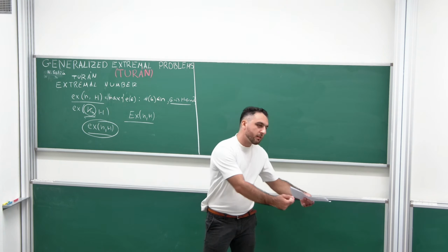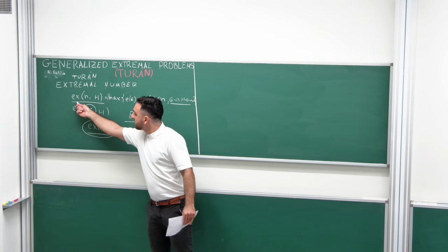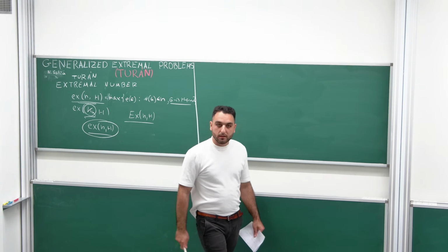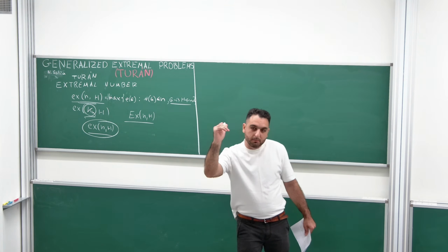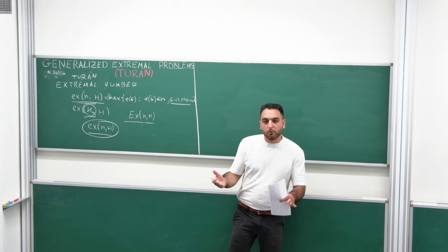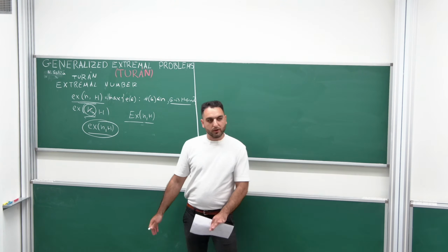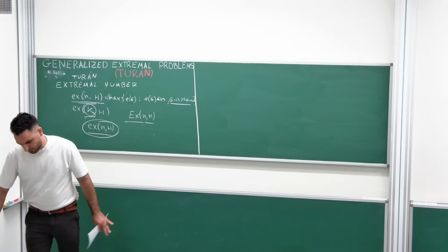What can be the next step? The next step is that maybe we don't have as many edges as this, but we have almost as many. Are we close to this family? What does close mean? There is stability, also a different topic, we don't discuss it.